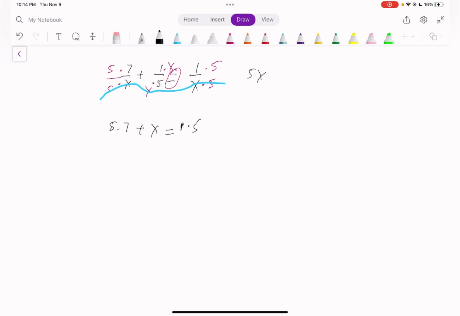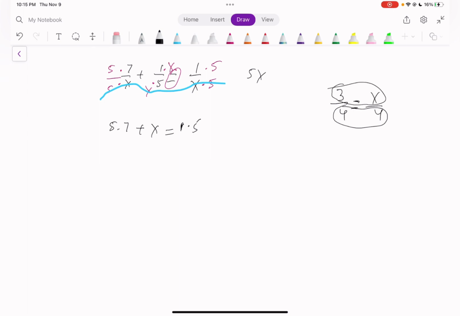Why did I dare to throw this denominator out the window? Let me explain real quick. If I have 3 over 4 is equal to x over 4, the denominator here is the same, right? 4 and 4. To have this equal sign valid, does that mean the numerator also has to be the same?